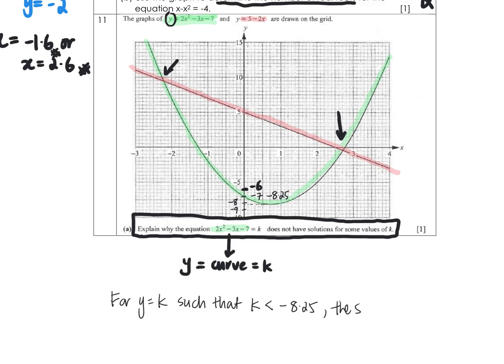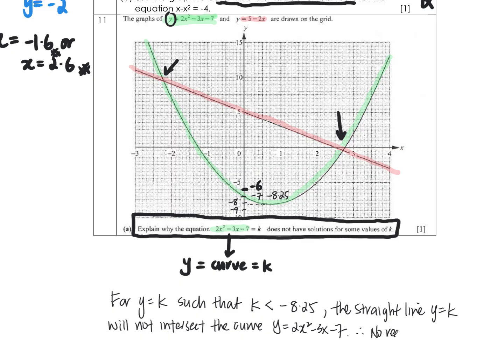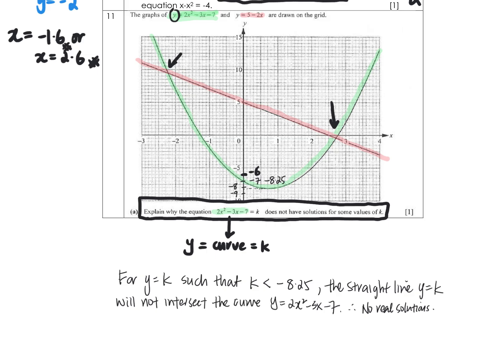The straight line y equals to k will not intersect the curve. Okay, therefore no solutions, no real solutions. So they just need you to show this understanding.